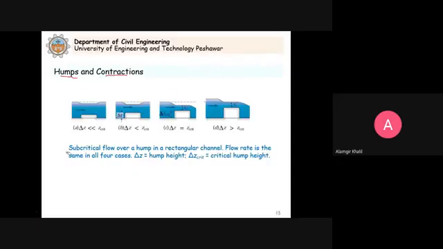First we will discuss the humps and then I will come back to the contractions. We see how the specific energy helps us to visualize and understand the analysis of these problems. Clear? Now remember we discussed for subcritical flow, the depth is greater than the critical depth over a hump.